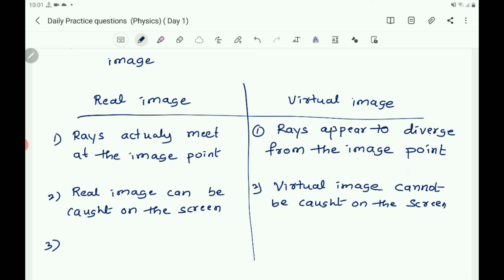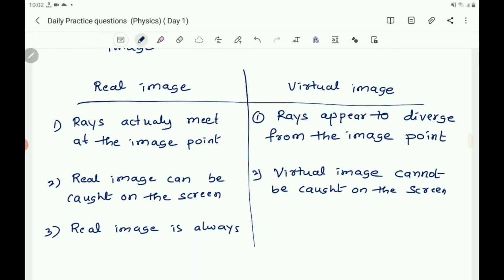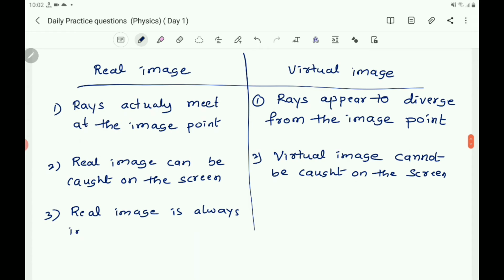Then next, you know that real images are always inverted images. So take: real image is always inverted, but the virtual image is always erect.